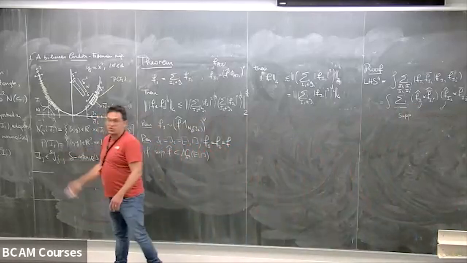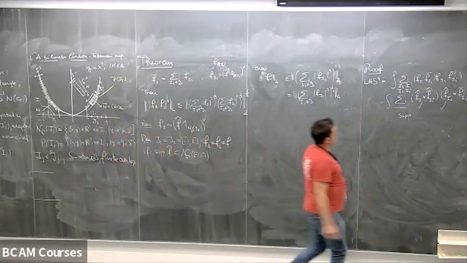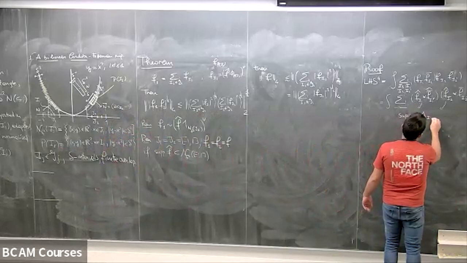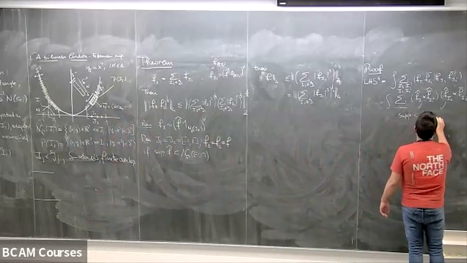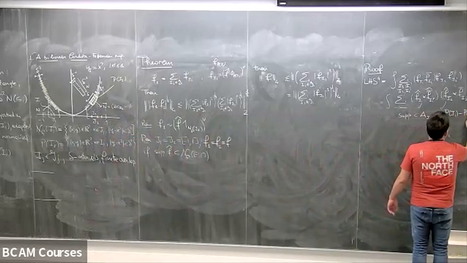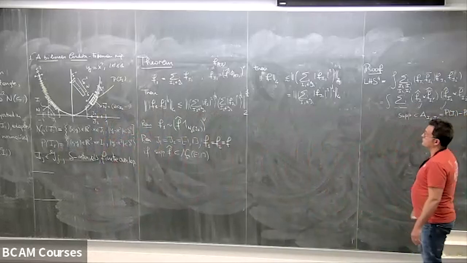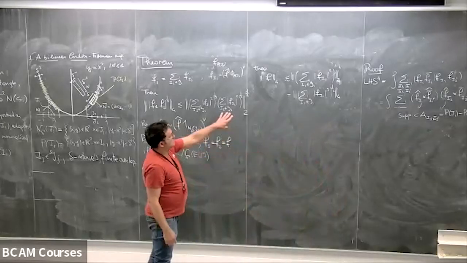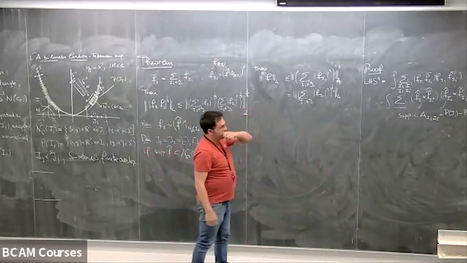In this P of I. So the support of the first pair is contained in the difference of P of I1 with P of I1 prime. Remember, this is the consequence, and that's the proof.